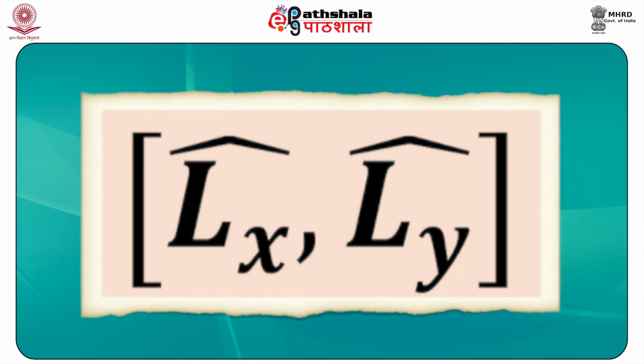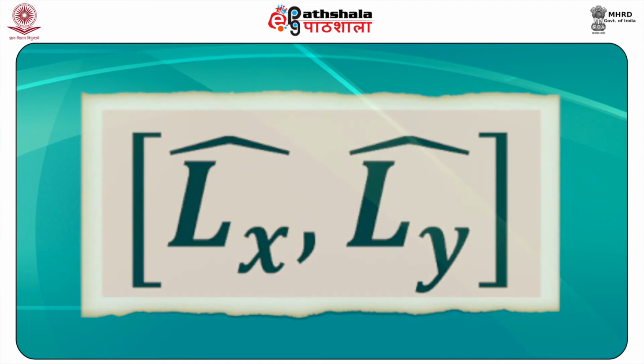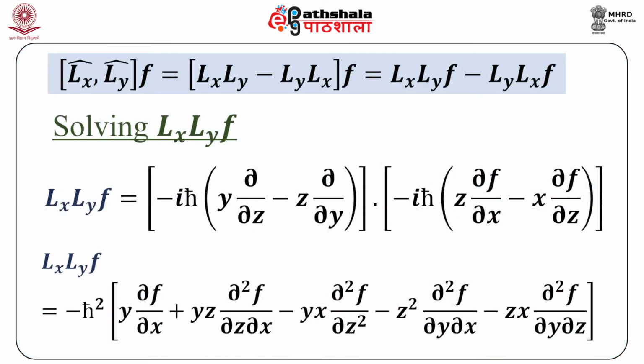Now, with this, we come to the derivation of commutation relations between components of the angular momentum operator. Case 1. Over here we consider the commutation between the angular momentum operators in two different directions, Lx and Ly. On operating on function f, we get (Lx Ly minus Ly Lx) f.